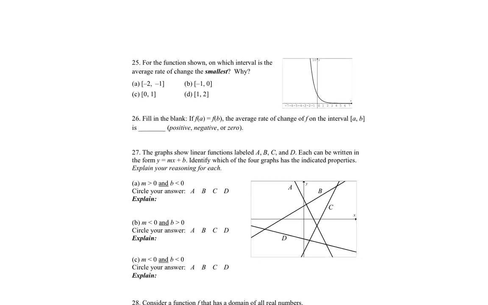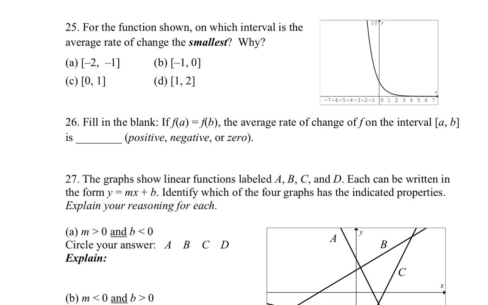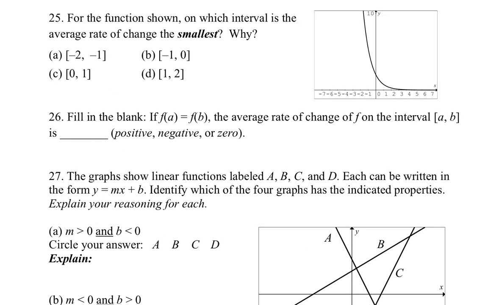All right, so for question number 25, it says, for the function shown, on which interval is the average rate of change the smallest, and why? So, let's draw some points and see what those average rate of changes look like.